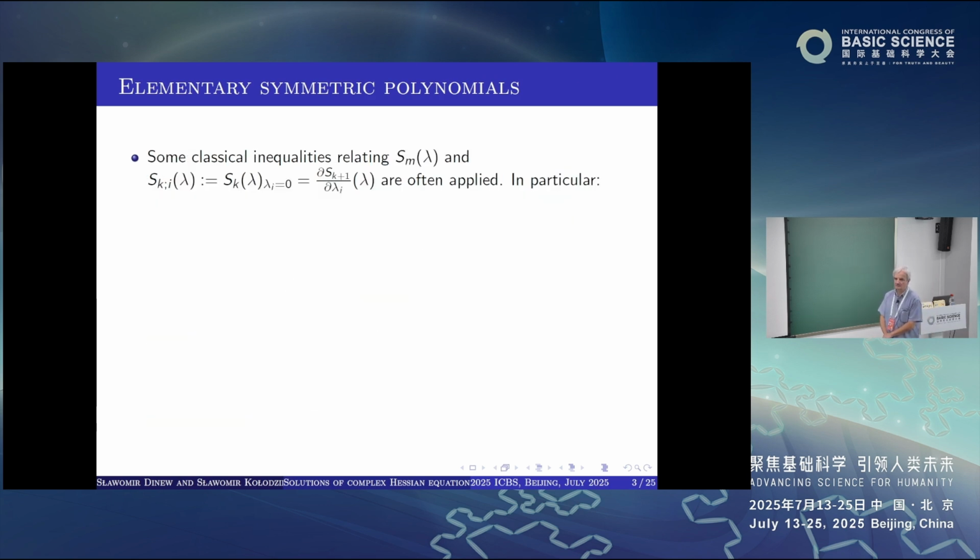There are some classical inequalities quite often used when we deal with Hessian equations. So here we produce this by taking the derivative with respect to lambda_i, or if we replace lambda_i in the definition of S_k by 0.